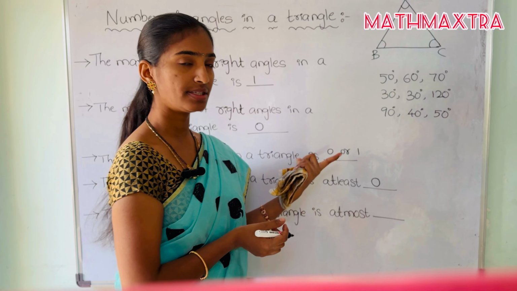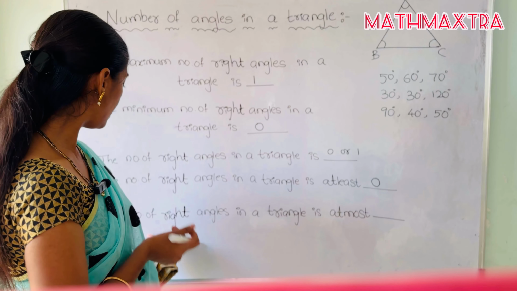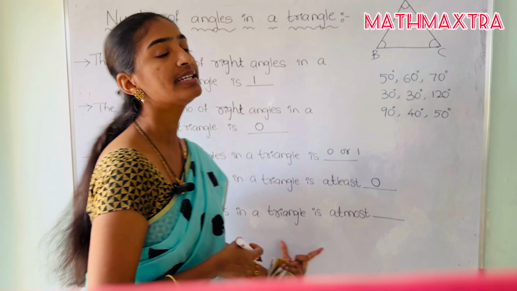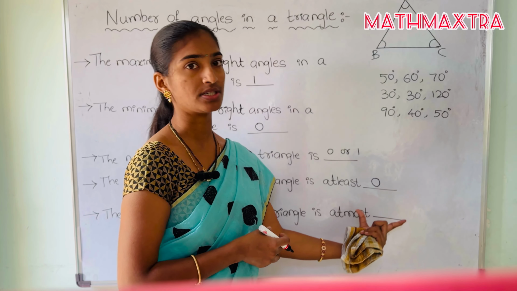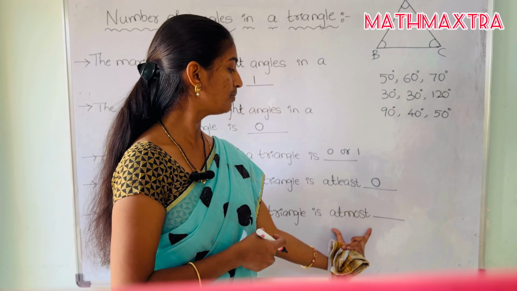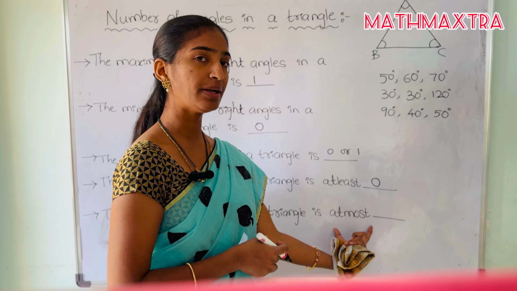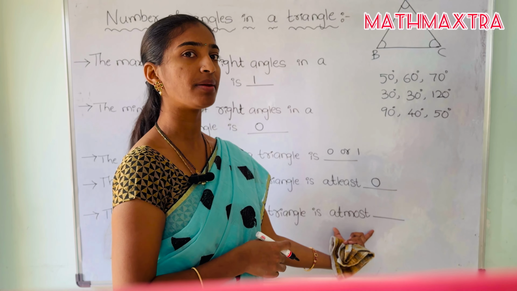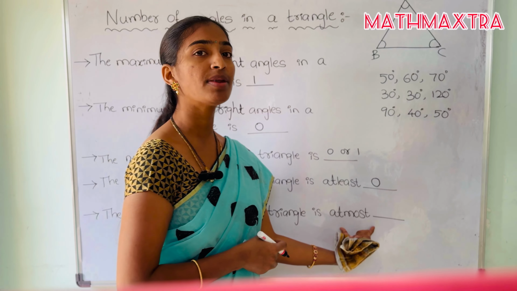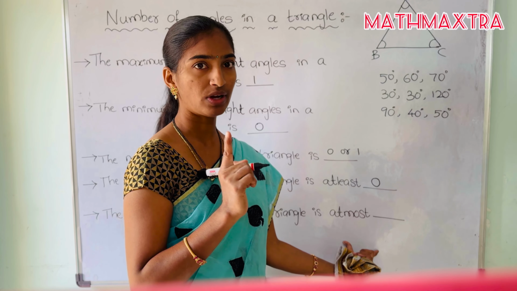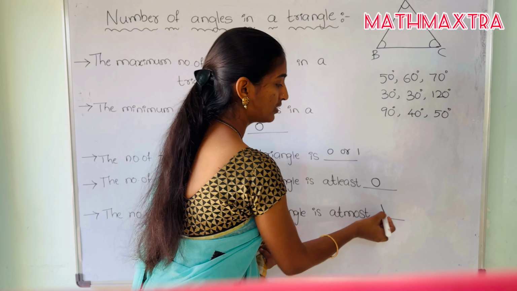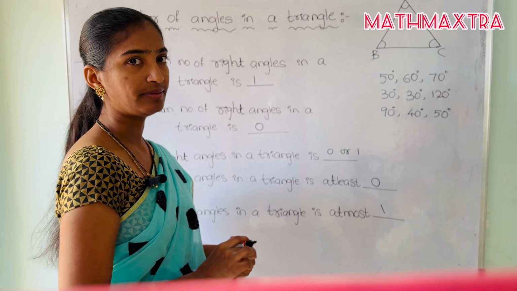At least 0. See, the last point, "the number of right angles in a triangle is at most". You observe the word "at most" means maximum number. How many maximum right angles are possible? 1, right? So you have to answer it as 1.